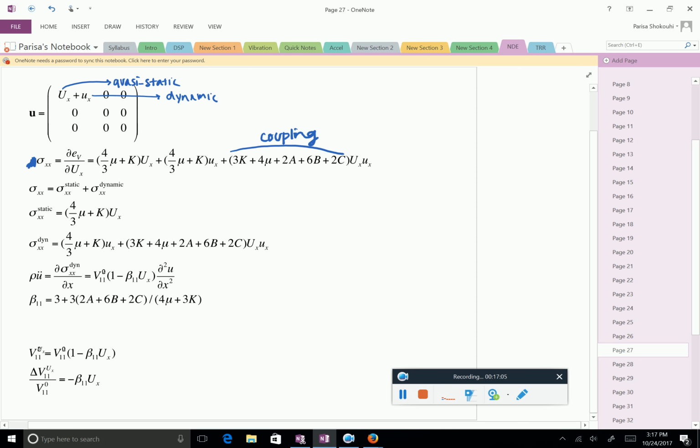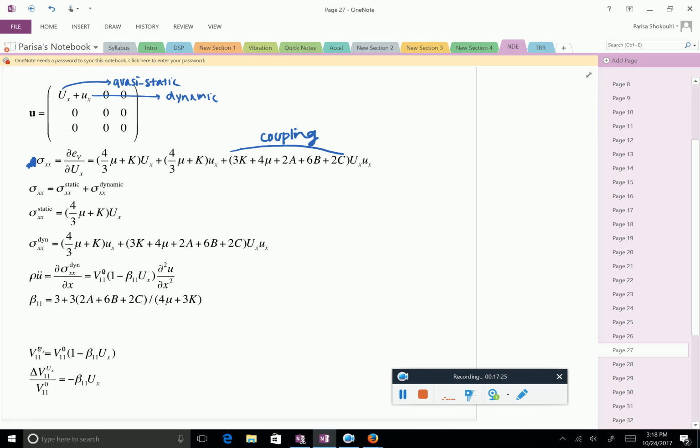So then this is just a static stress. So it really doesn't play a role in wave propagation. The rest will be the dynamic stress. So we divide this sigma into static and dynamic.